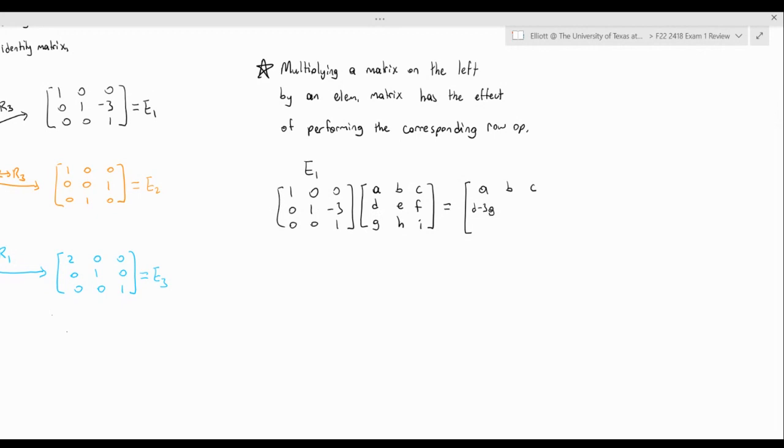Next, you'll get 0 plus E minus 3H. And then you'll get 0 plus F minus 3I, okay? In the third row, to get that third row, take the third row of E1, multiply it to each column doing the dot product, and you're going to get G H I.